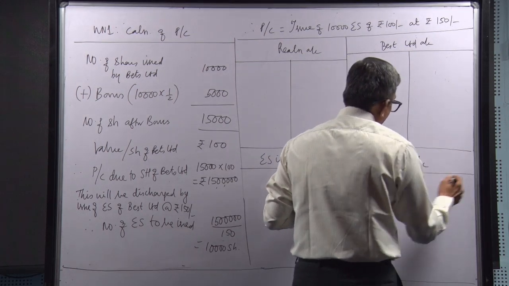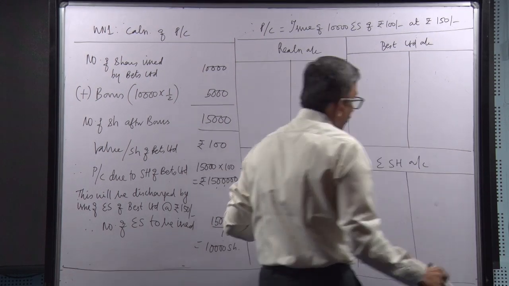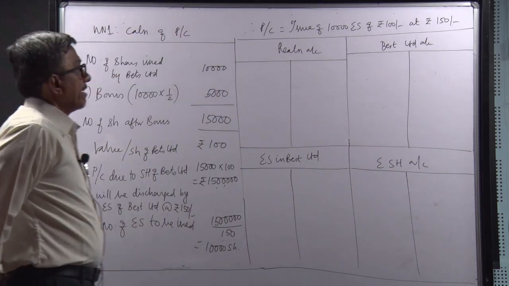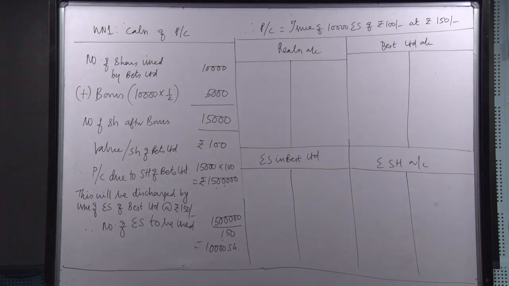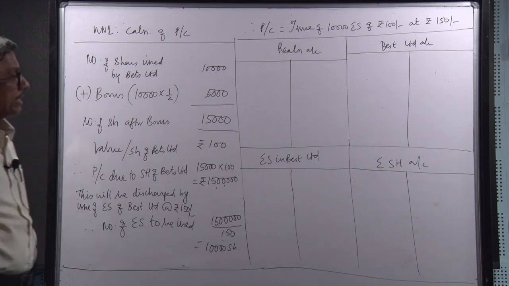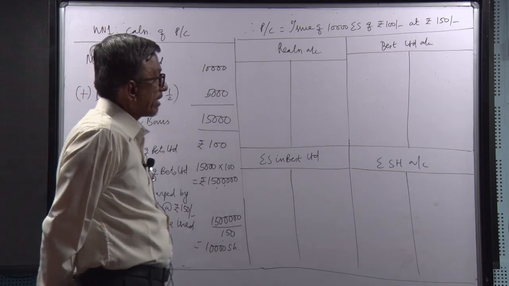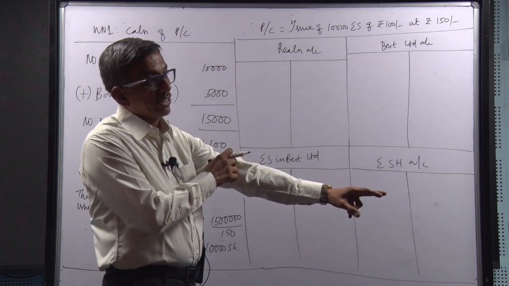So 4 ledger accounts you have to open to close the books of the vendor company: realization account, purchasing company Best Limited account, equity shares in Best Limited account, and finally equity shareholders account.